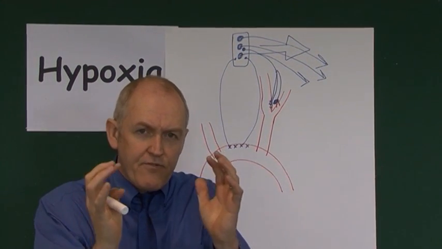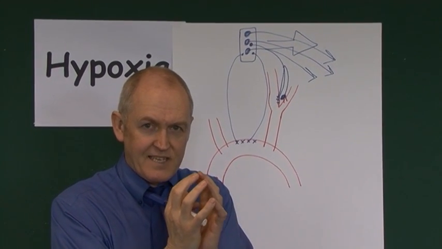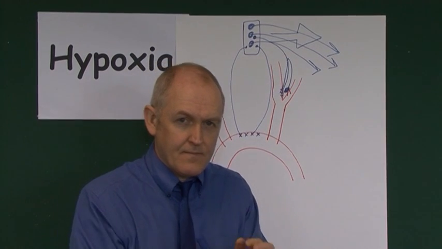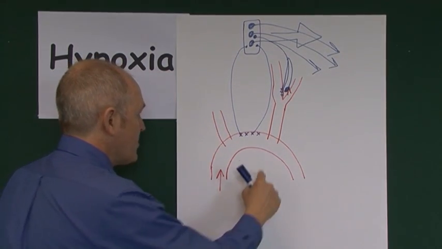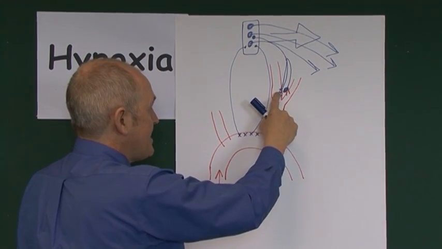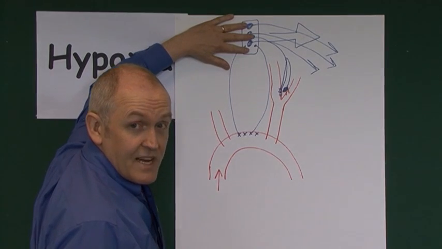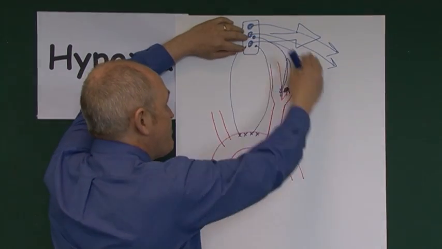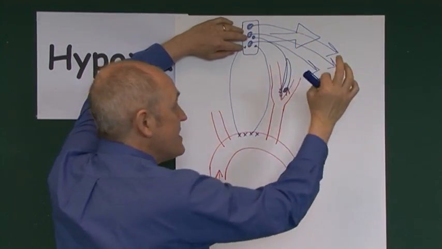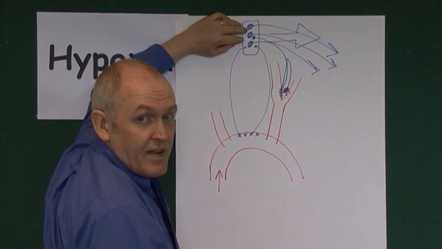Well, it causes a peripheral vasoconstriction. So when the level of oxygen in the blood here and here drops, that's detected by chemoreceptors. The information is sent to the medulla oblongata of the brainstem. This responds by increasing respiratory rate, increasing heart rate, and attempting to bring about a peripheral vasoconstriction.